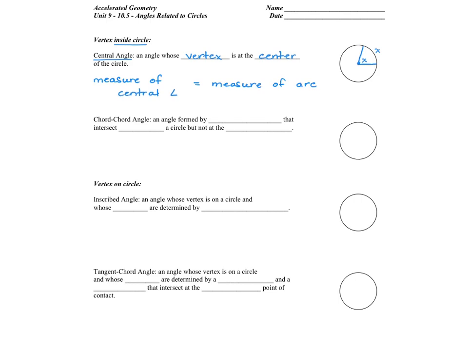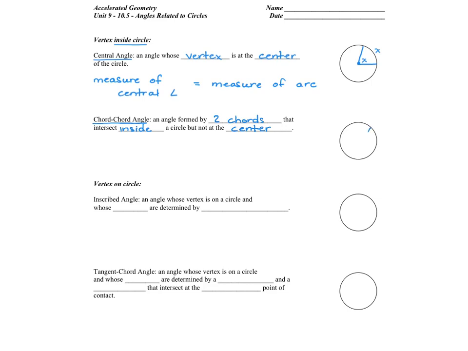If we want to talk about a chord angle, that's an angle formed by two chords that intersect inside a circle, but not at the center.